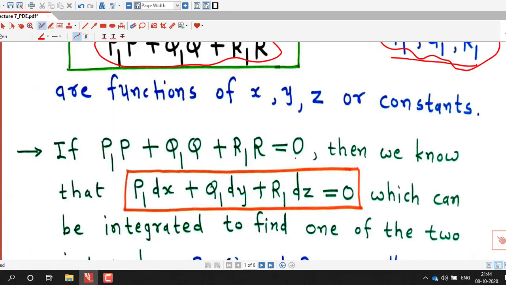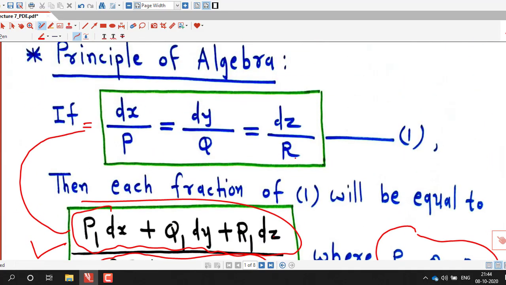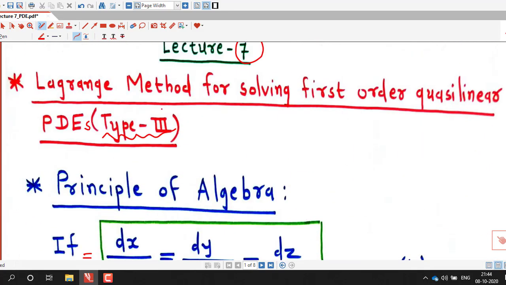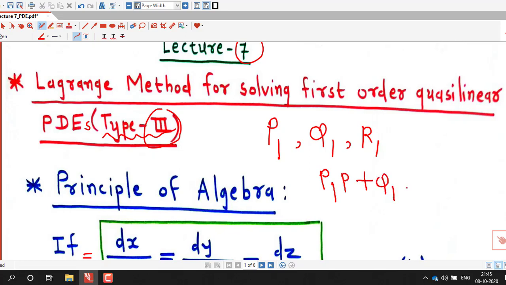So in this lecture we are going to discuss this third type of solving Lagrange auxiliary equations. Our focus will be to select multipliers p1, q1, r1, which may be constants or functions of x, y, z, such that p1 into p plus q1 into q plus r1 into r becomes 0.